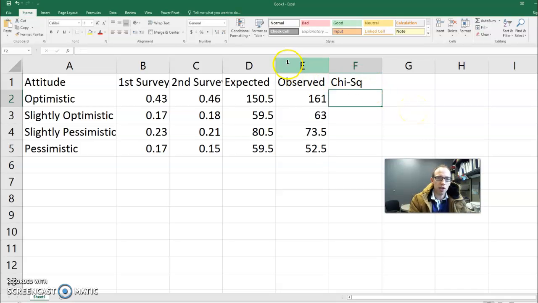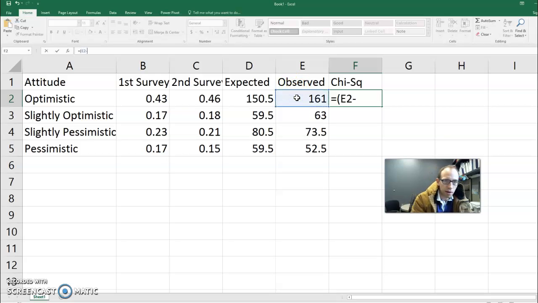And then we can get our chi-squared values. So this is a formula. Again, you don't have to memorize this. You can write this in your notes, but it's observed minus expected, squared. Now we want that quantity on the top of our fraction, so we're going to have to put another set of parentheses around all that, and then divide it by expected.